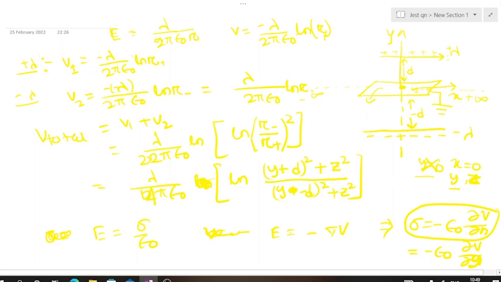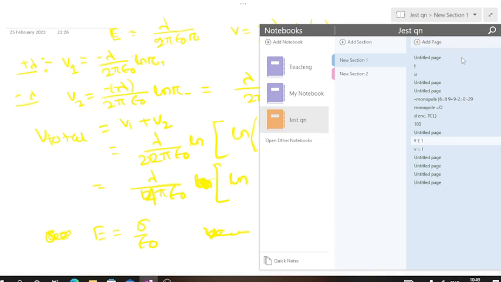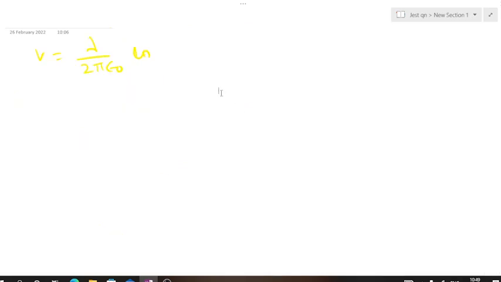It's okay. Here this is 4 pi, ln of (y plus d) square plus z square by (y minus d) square plus z square.